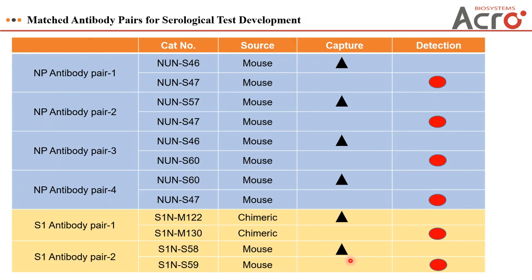We also tested the sensitivity of each antibody pairs in ELISA and LFA assays. This table shows the matched antibody pairs and the recommendation for capture or detection use in ELISA. Since we are not sure if these antibody pairs can fit our customer's R&D platform, it should be noted that the matched antibody pairs listed here is only for reference.